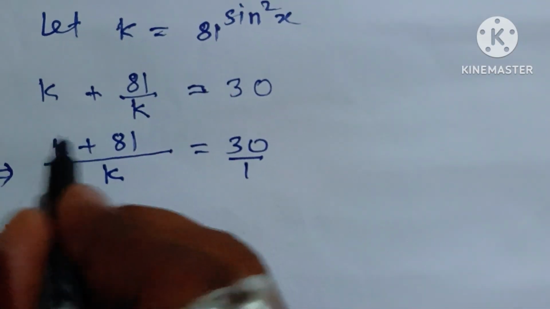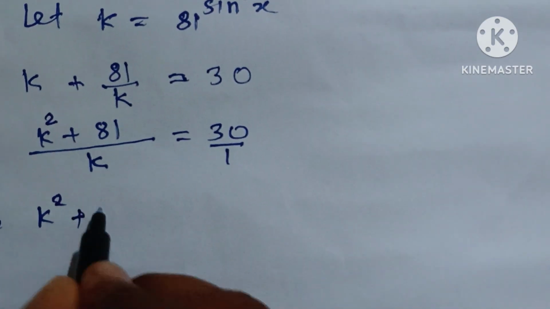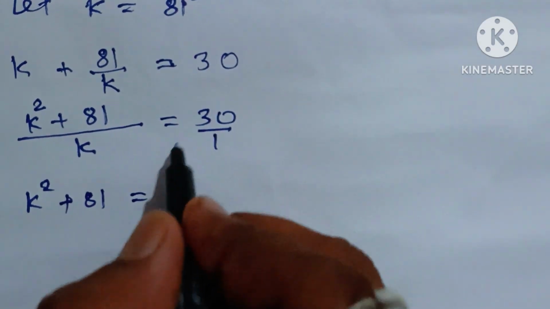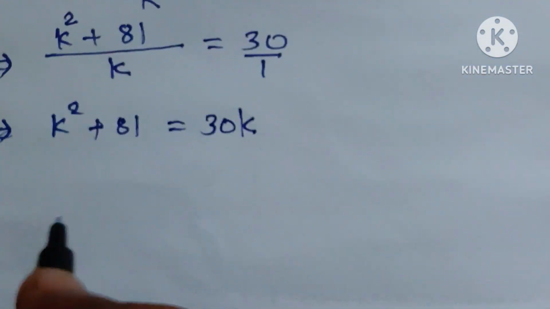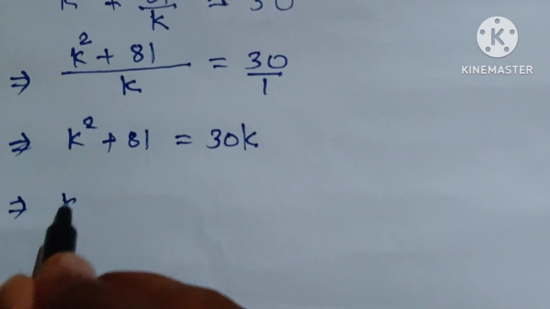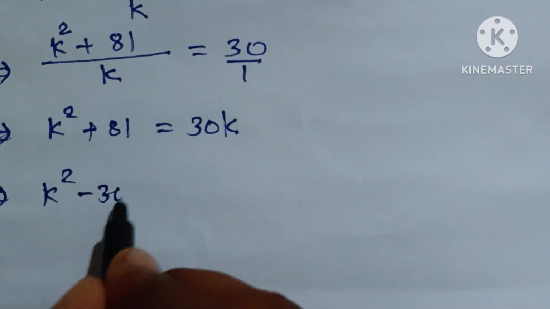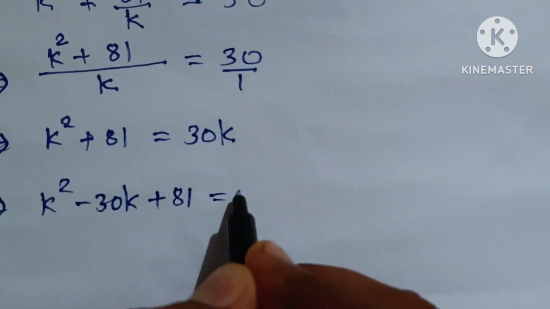K² plus 81 equals k into 30, which is 30k. Shifting 30k to this side, k² minus 30k plus 81 equals 0.